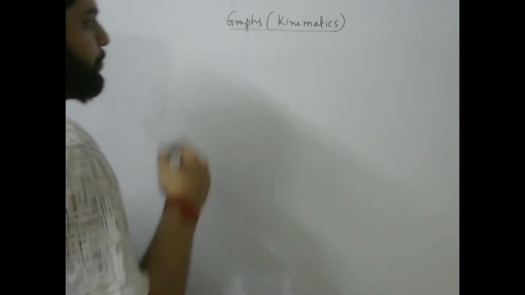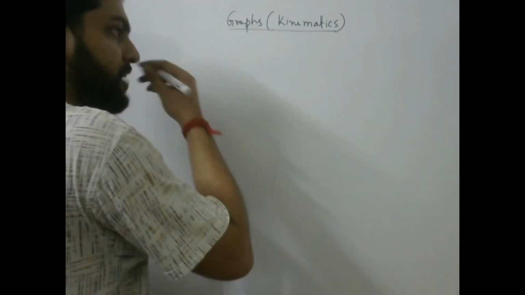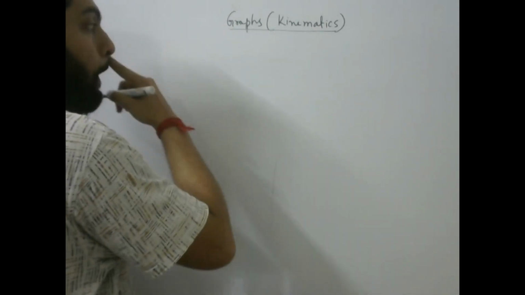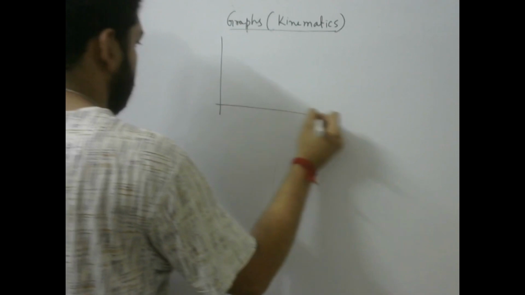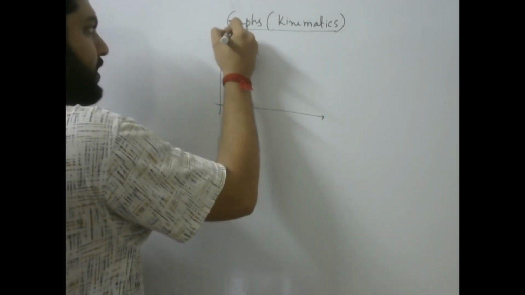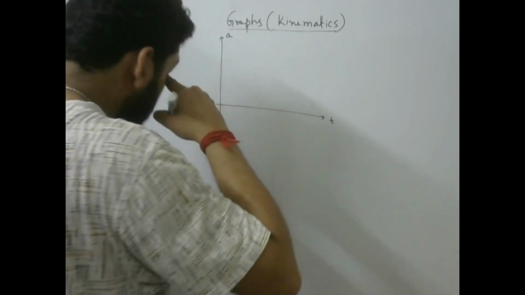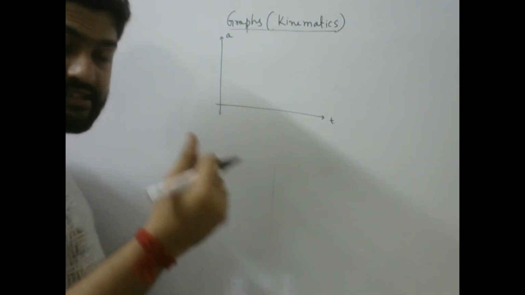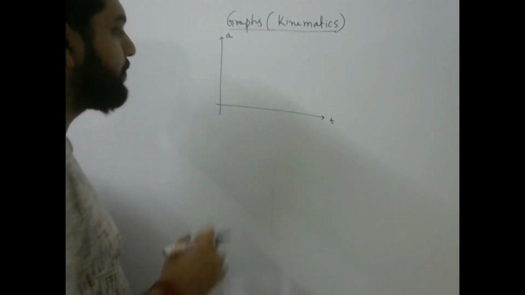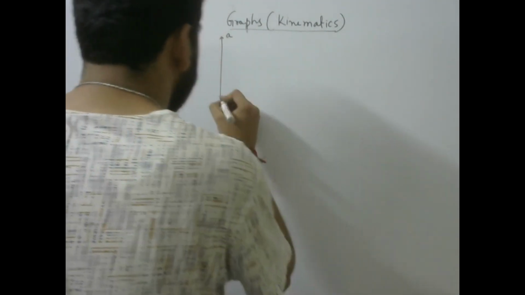Okay, so let's take a new type of problem. Next one is an acceleration time graph, the a-t graph. The v-t graph, I think it's clear. Now the acceleration time graph is quite tricky.